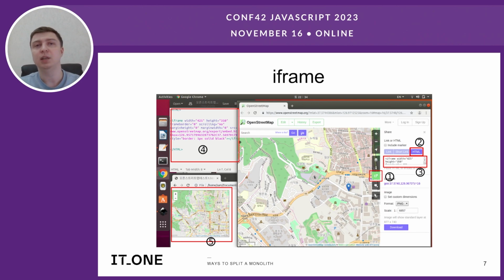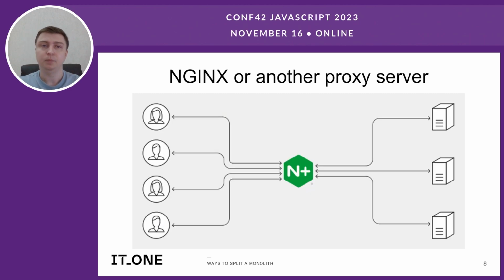It was released in 1997, and it's kind of the first implementation of front-end microservices from the last century. And it doesn't lose relevance now, especially useful on simple sites, for example, a landing page, when you need to embed some modules, for example, maps.